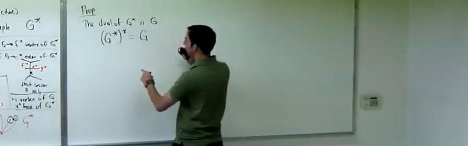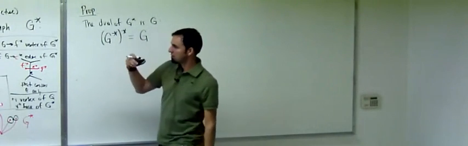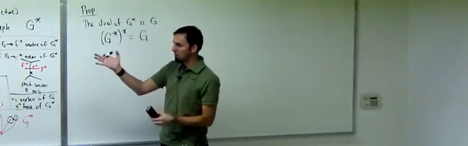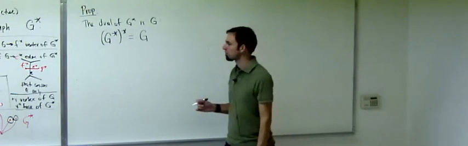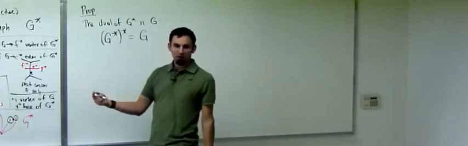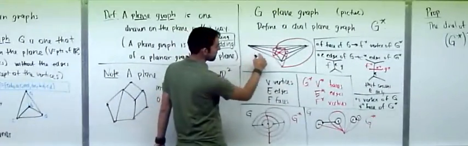Let me change the wording a little bit because, as you can see, there are different ways of drawing this red map. If I draw a black graph, there are different ways in which we can draw the red graph. For example, going from the black to the red, I had several options.